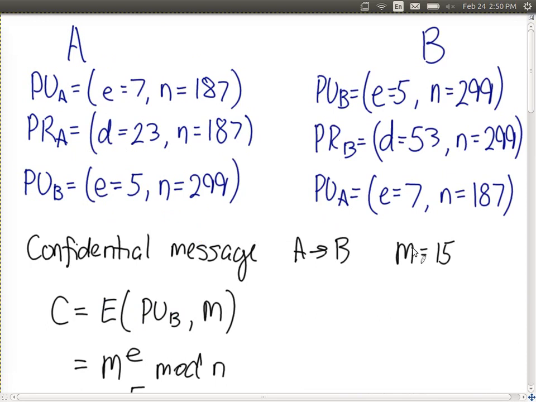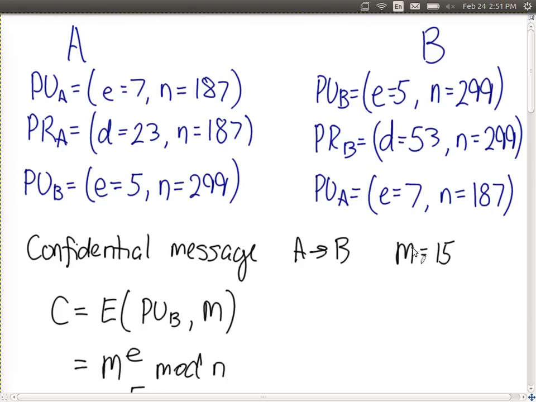In the example we went through, we generated two sets of keys, one for A and one for B. We had an example where A wanted to send a confidential message to B. That message was 15.